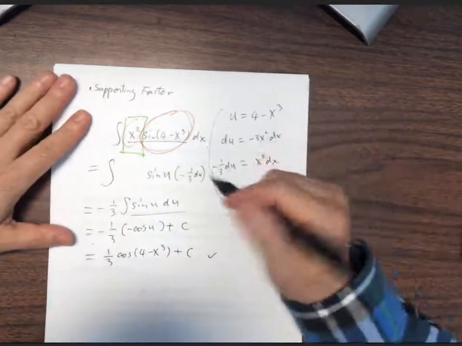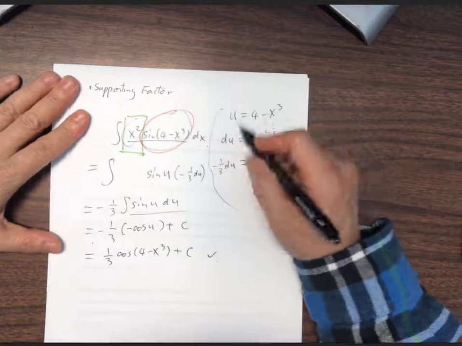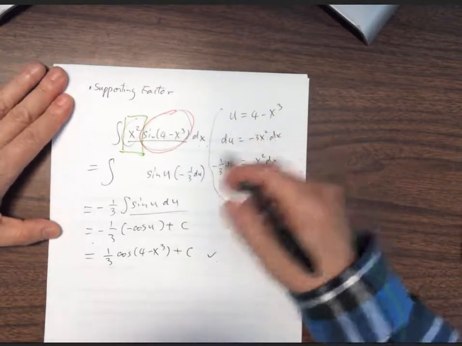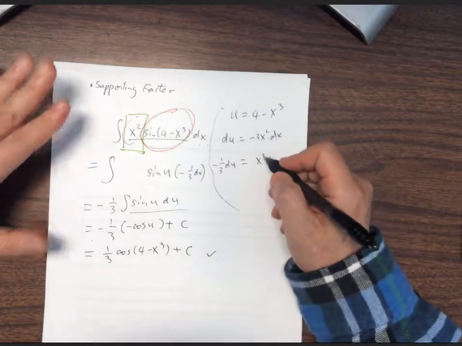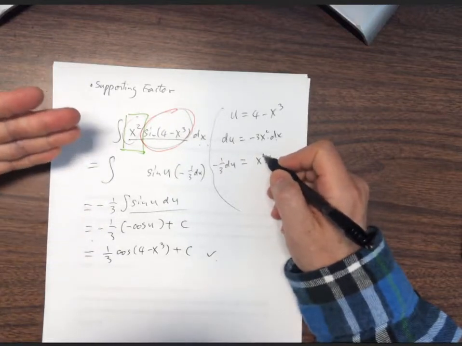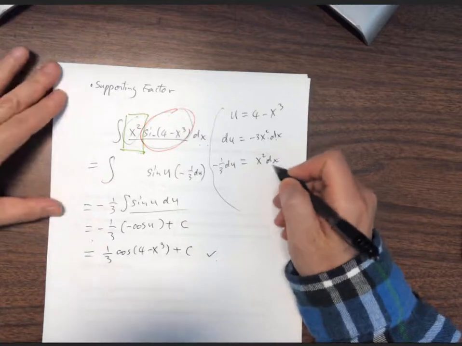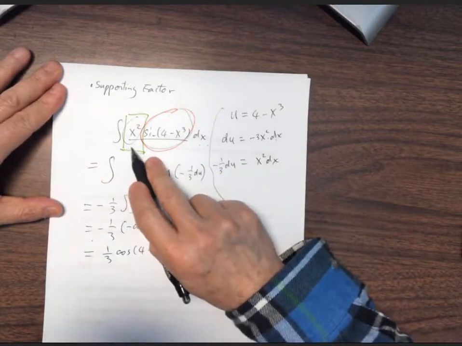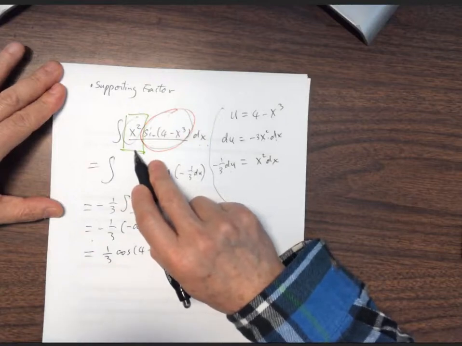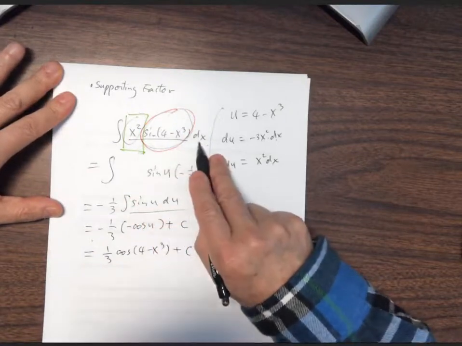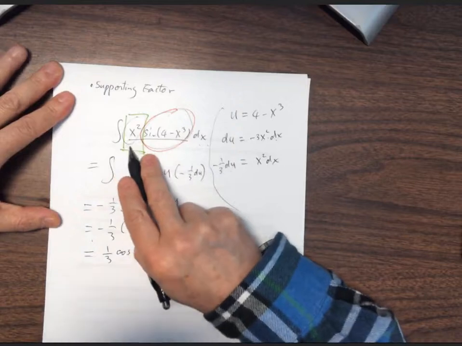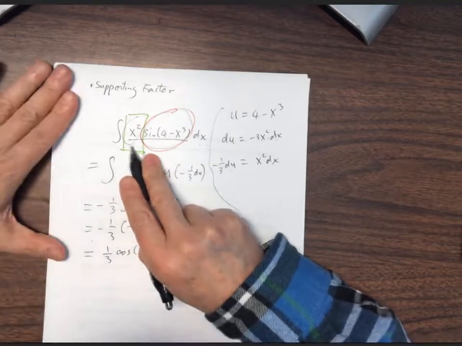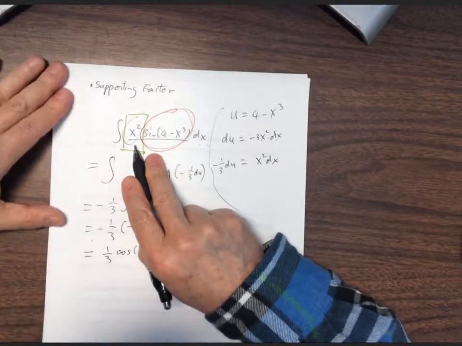You can see when we introduce u equal to 4 minus x to the third power and take the differential of both sides, we got the perfect x squared with a dx, and that's exactly the thing we wanted to replace besides the dx. So this x squared is just perfect. It's just the correct, exact factor we would want to see.